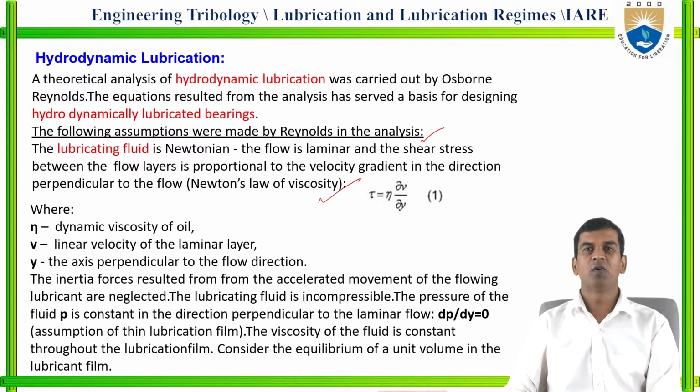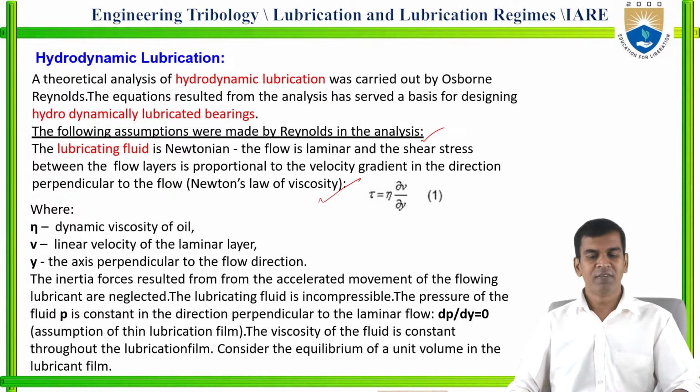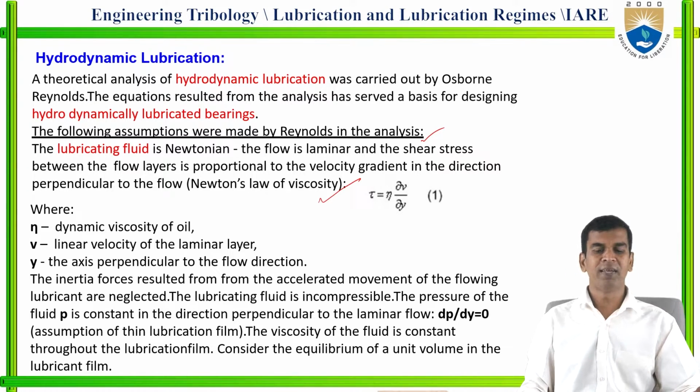Tau is equal to eta times dv by dy, where eta is the dynamic viscosity of the oil, v is the linear velocity of the laminar layer, and y is the axis perpendicular to the flow direction.